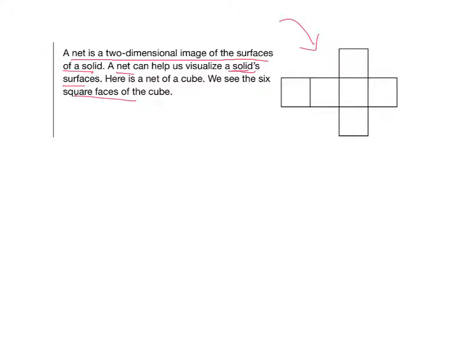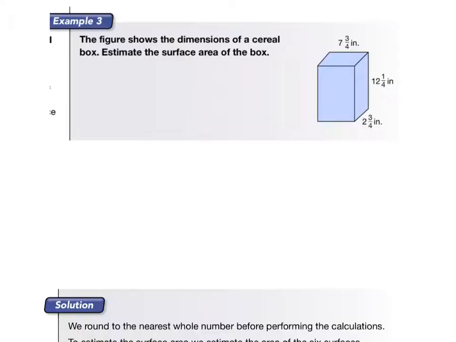Now let's use this concept of a net and go to finding surface area for our third example. Our third example is a cereal box, and we're going to estimate the entire surface area, not just the lateral, of this cereal box. It says to estimate. That's key, because look, we have all kinds of fractions here.